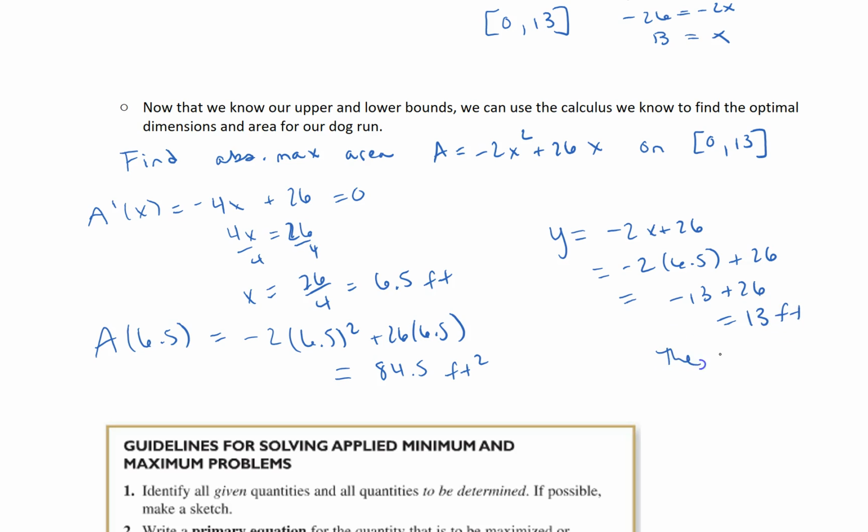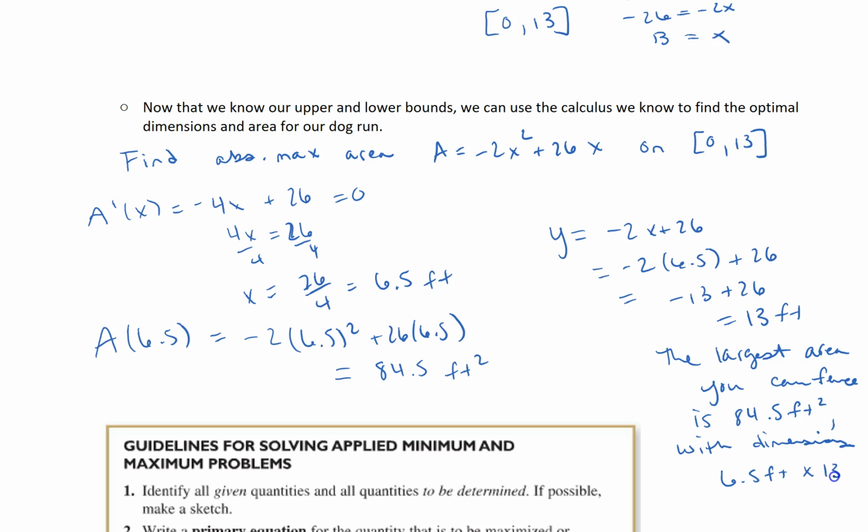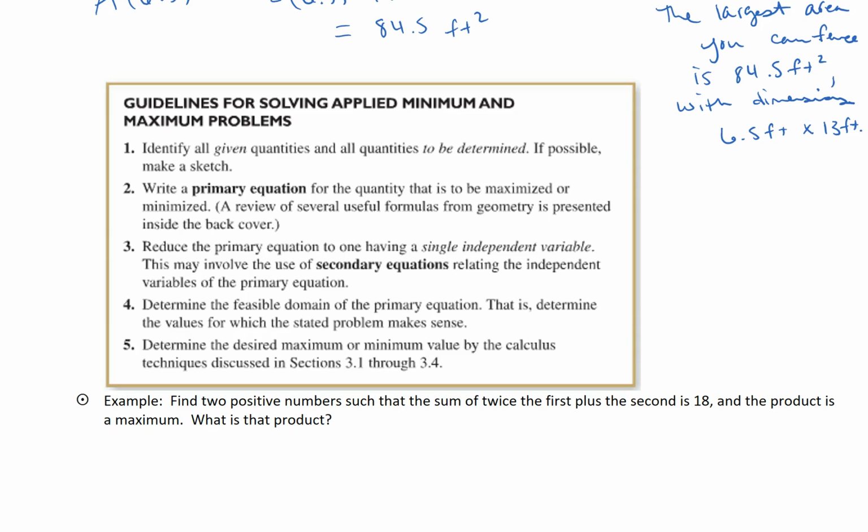So the largest area you can fence is 84.5 feet squared with dimensions 6.5 feet by 13 feet. And you can absolutely check, multiply 6.5 times 13 and make sure you actually get the area that you were expecting. So you can see the process that we've gone through.